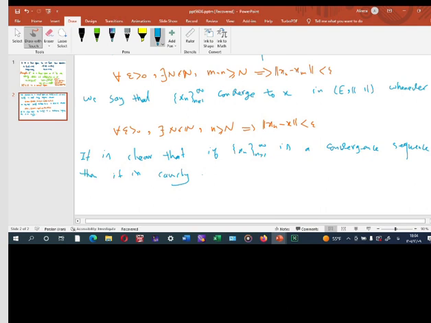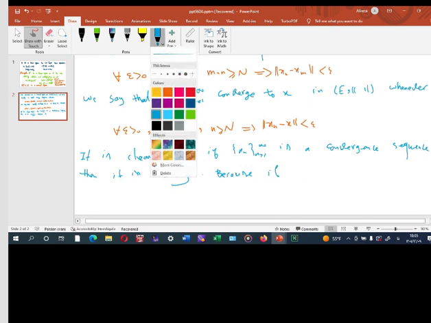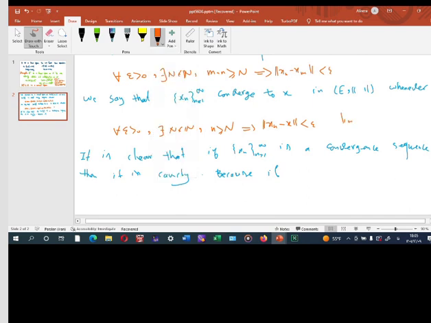It is very trivial because we denoted this by this notation: the limit of xn equal to x, or xn tend to x.